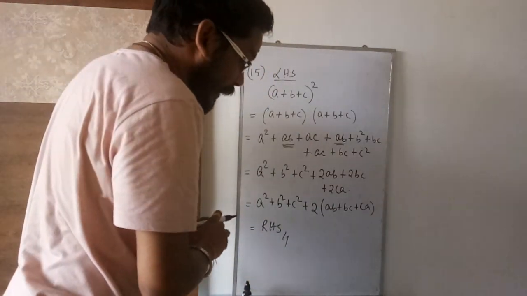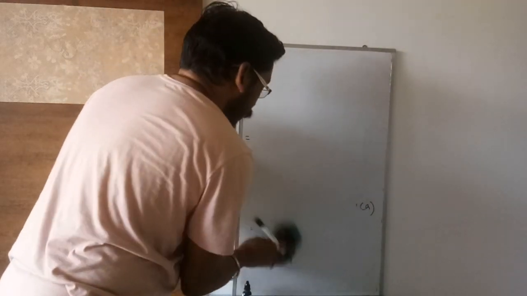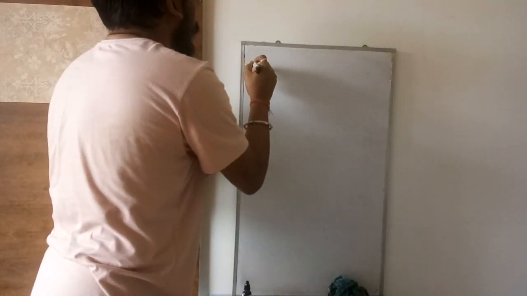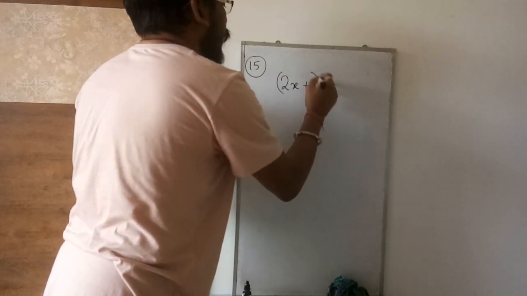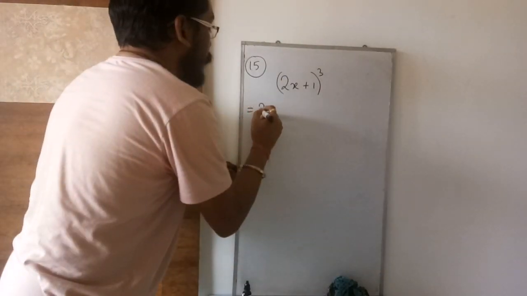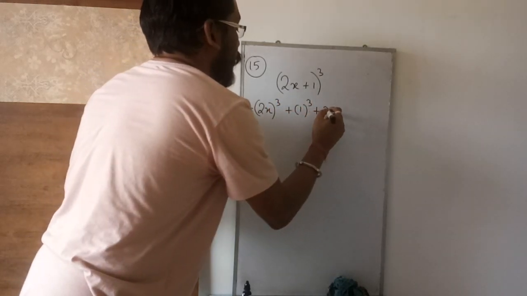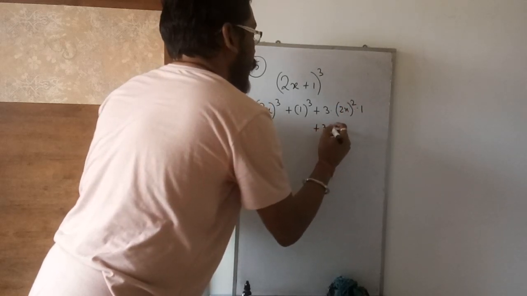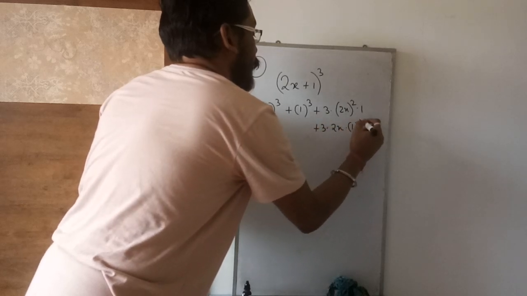Expand 2x plus 1 whole cube. So if you come to this, a plus b whole cube is a cube plus b cube plus 3 a square b plus 3 a b square.